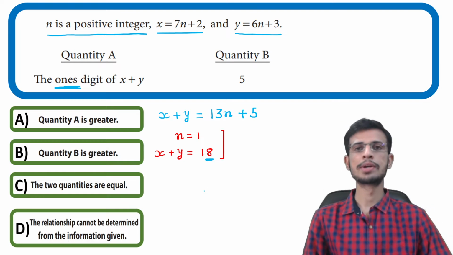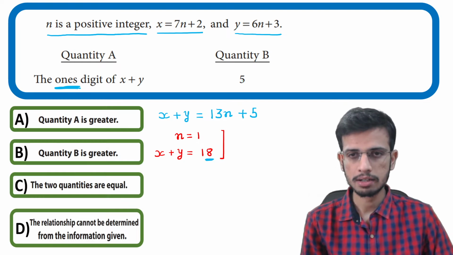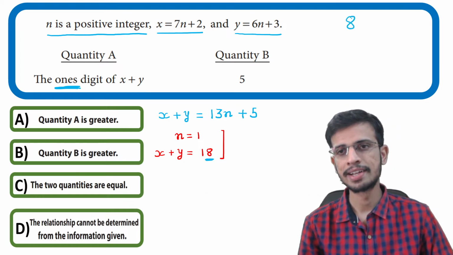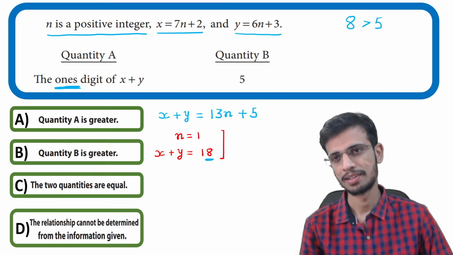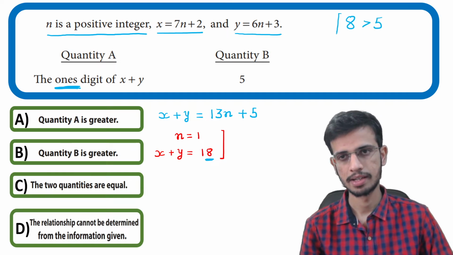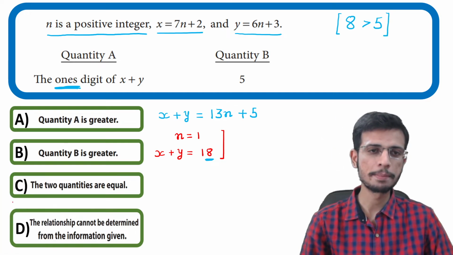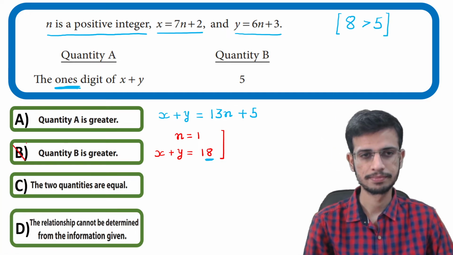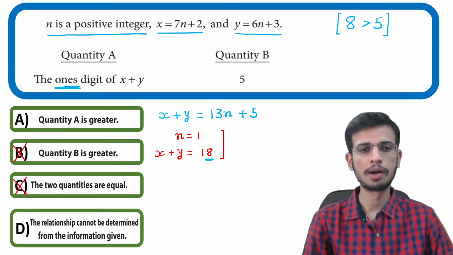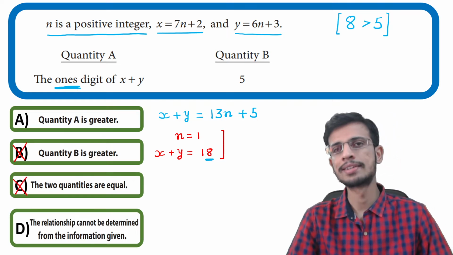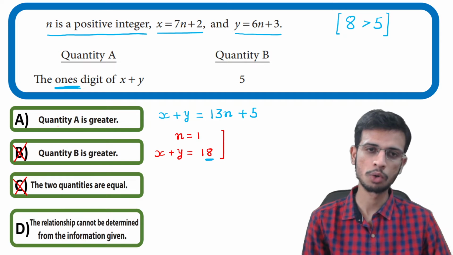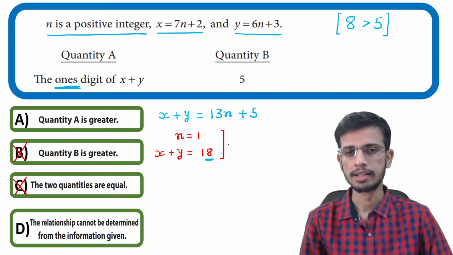In this case, the units digit is 8, and 8 is greater than 5. So we can clearly eliminate option B and option C. These two are not equal, and quantity B is not greater than quantity A. We are left with quantity A is greater, or option D.